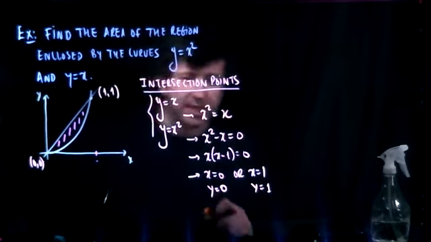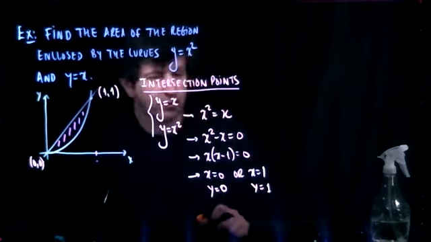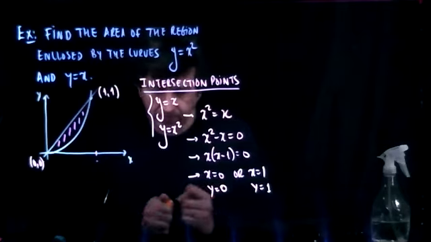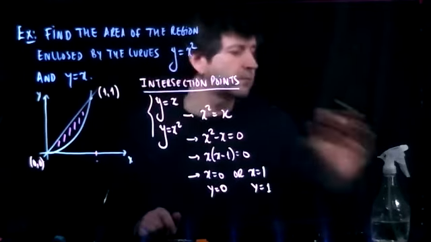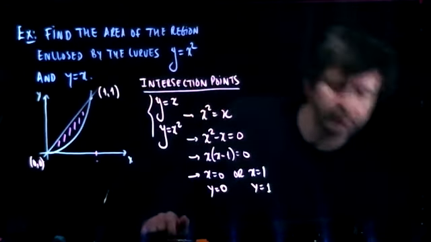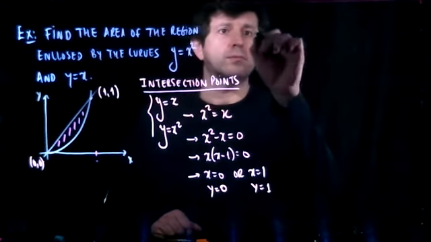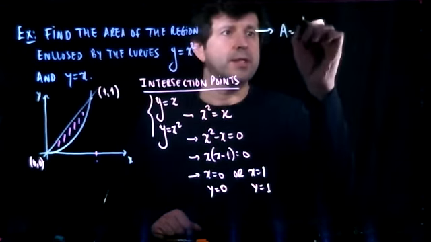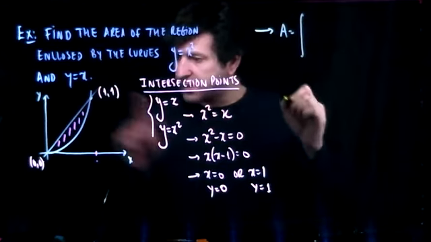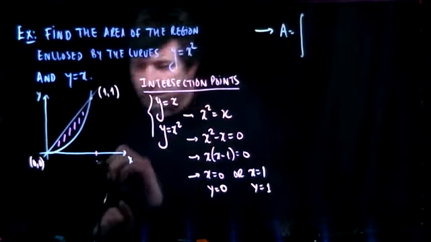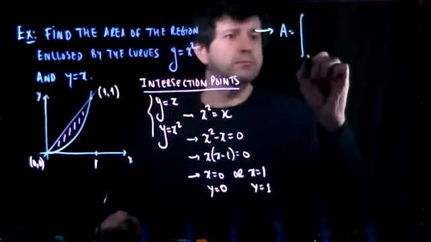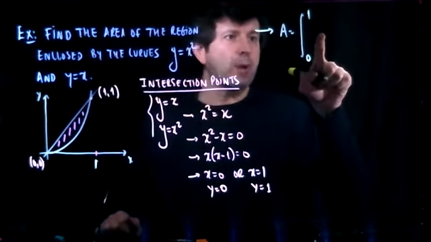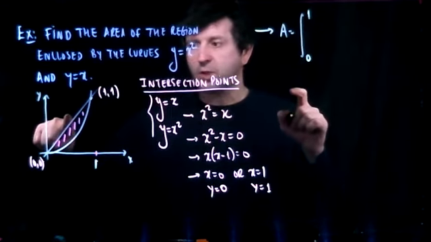Okay, so I'm ready to set up my integral now. So the area is the integral, x goes from 0 until 1 of the top function, which is, what is the top function?